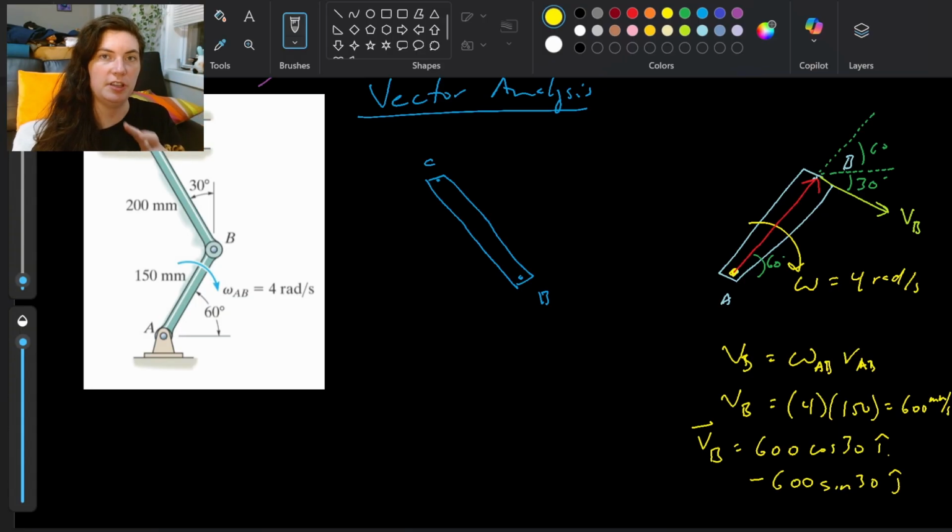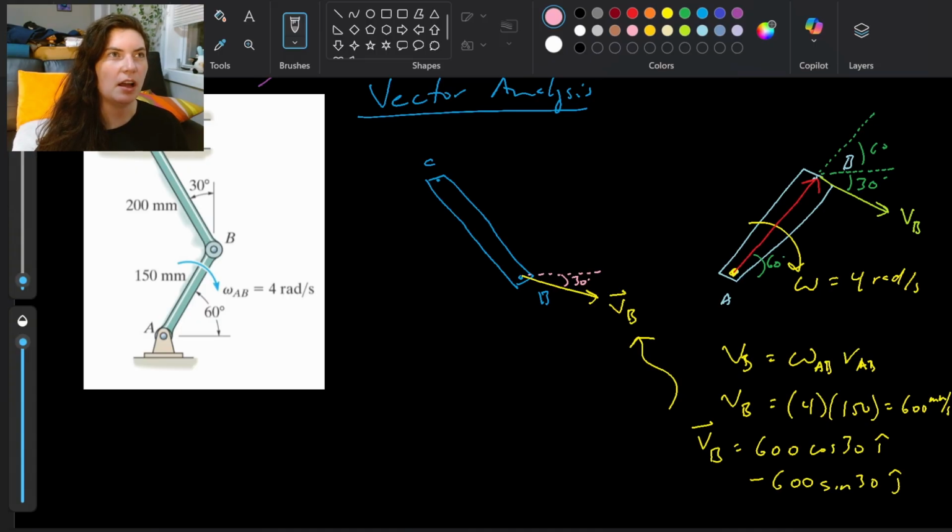And this vector for VB is going to be the exact same vector that I'm putting on member CB, still down in that negative 30-degree direction. Go ahead and note that here too, that's the direction that B is moving.